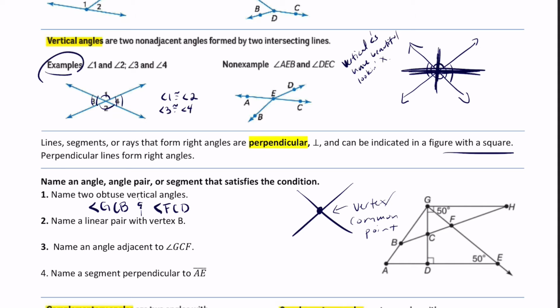Okay. Name a linear pair with vertex B. So let's go ahead and look at the diagram. Where the heck is B? Well, B is right here. And for a linear pair, we've got to go find a line. These are two angles that create opposite rays. Here's the line containing point B, and if I point towards that line over here, you can see that I have an angle over here and an angle over here.